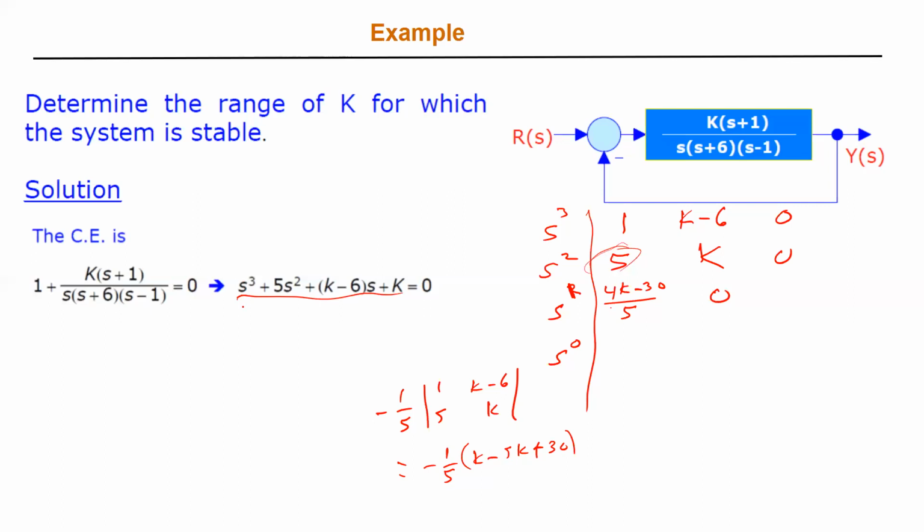If it is third order, I start with 1, and next to it is 1, and then nothing after that. So I have 1, K minus 6, and 0. I alternate. Then this is the coefficient of the second order term, so it's a 5, the coefficient of the S squared, and then the constant, K.